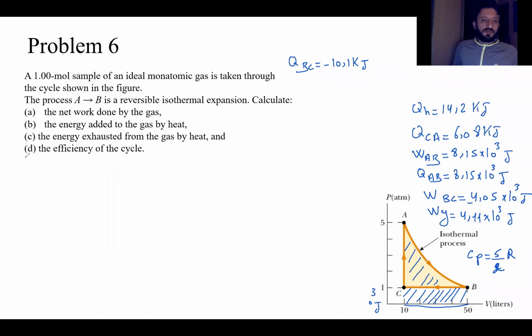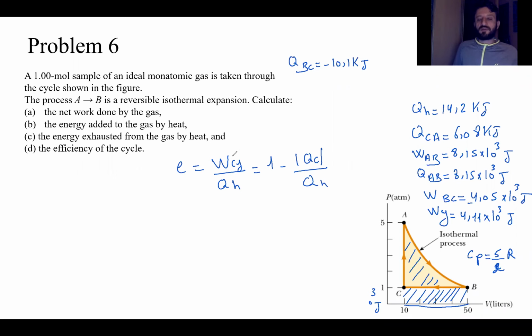Okay, we go to part D. Find the efficiency of the cycle. You know the efficiency equals the total work divided by Q hat, or equals 1 minus Q cold divided by Q hat. You can use any one.